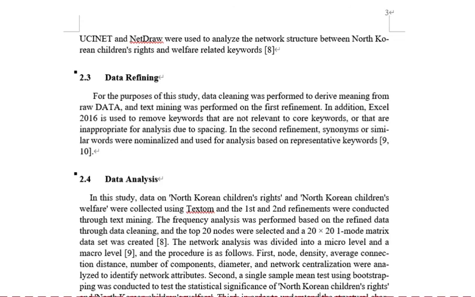First, node density, average connection distance, number of components, diameter, and network centralization were analyzed to identify network attributes. Second, a single sample mean test using bootstrapping was conducted to test the statistical significance of North Korean children's rights and North Korean children's welfare.